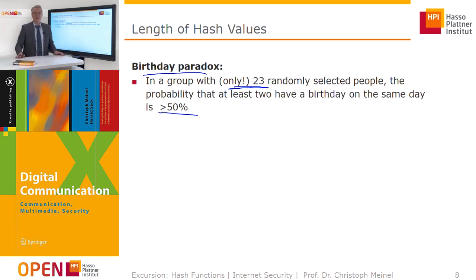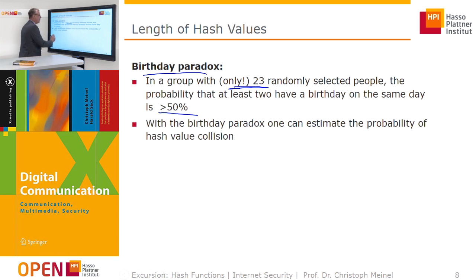We have 365 days a year, so 365 different possibilities for a birthday, and a group of only 23 randomly selected persons is enough so that the probability that at least 2 have a birthday on the same day is greater than 50%.